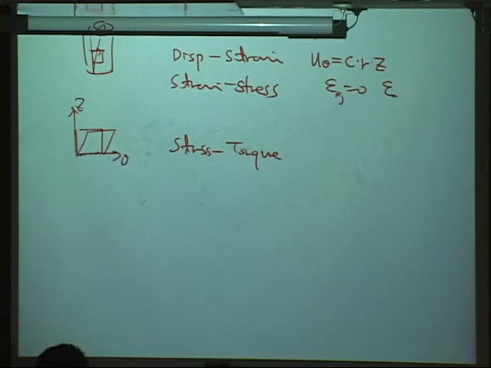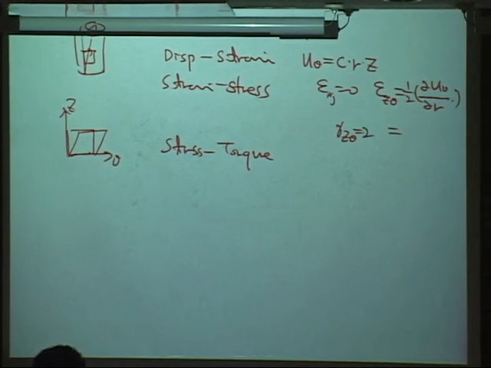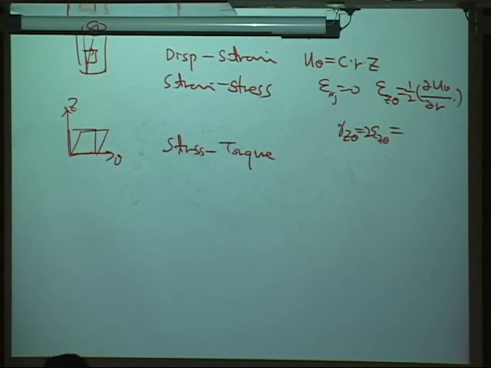So epsilon Z theta is the only non-zero component, and it is half of the derivative of U theta with respect to Z. There's another term which is 0. So gamma Z theta is twice epsilon Z theta, which is simply C times Z times R. That is the shear strain.